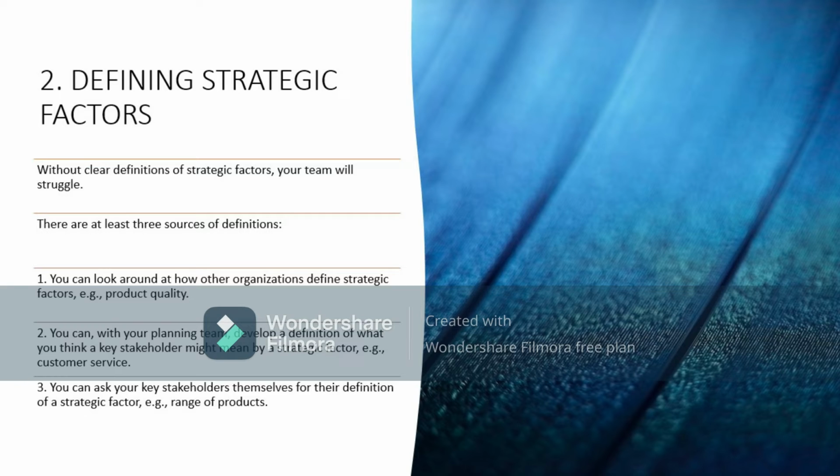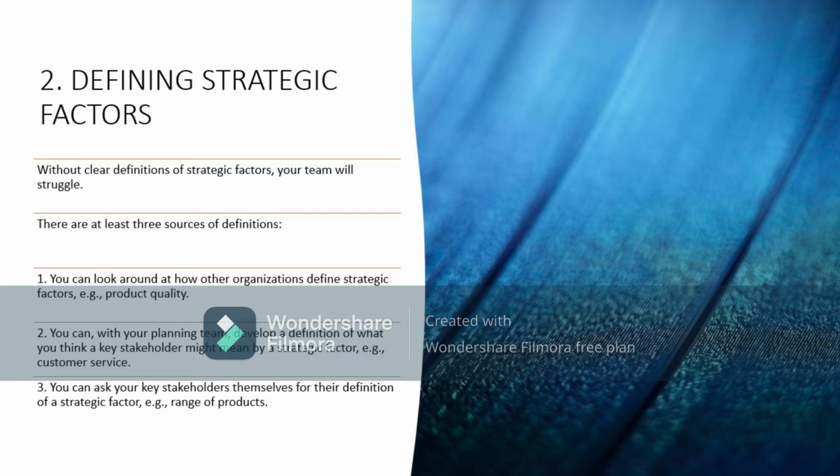So, while you can learn from the way in which strategic factors are defined in other industries, you would be unwise to adopt their definitions without scrutinizing them intensively. Unwise adoption has distorted organization measures in very serious ways.